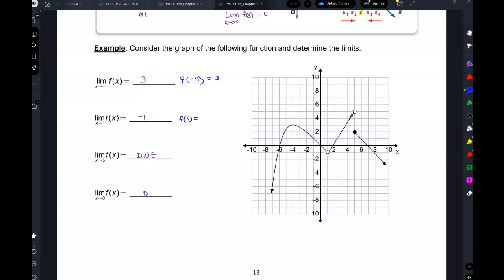It's undefined. There's an open circle there. What's f of 5? 2. F of 5 is 2 because of this, right? What's f of 0? 0.